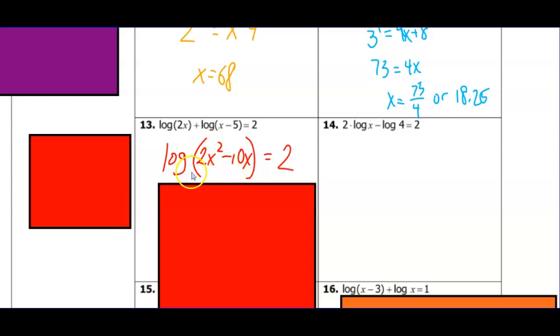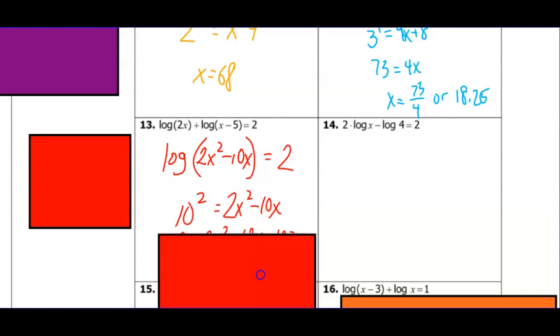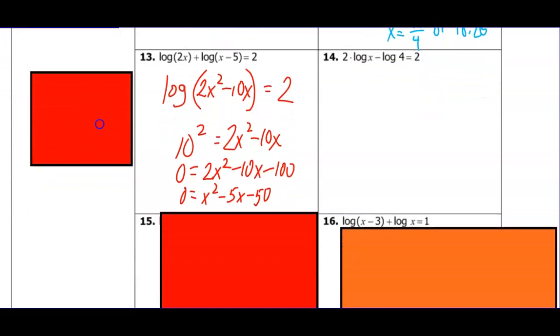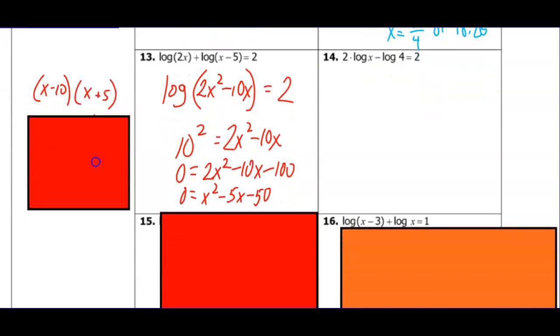So my base is 10, my power is 2. So I'm going to have 10 squared. And then it's quadratic, so I need to move everything to one side. And at that point, I can divide. And then from this point, I'd like to factor further. So that x squared minus 5x minus 50 is going to be x minus 10 times x plus 5.